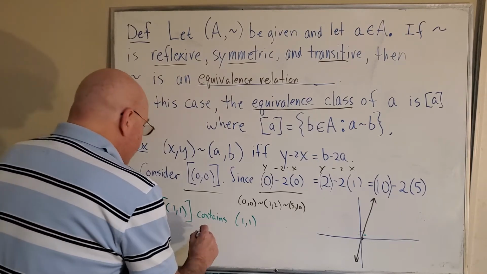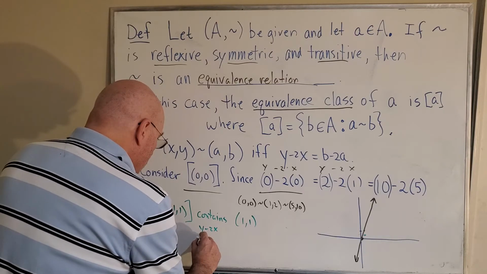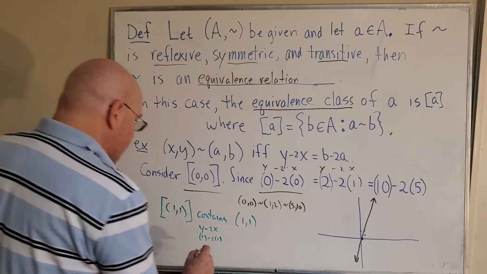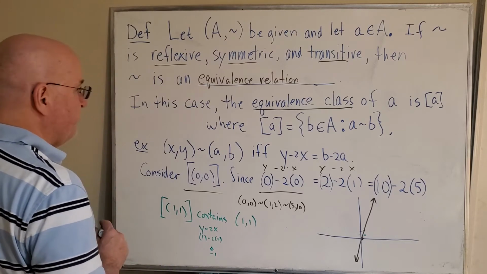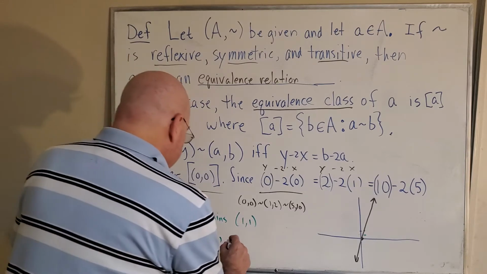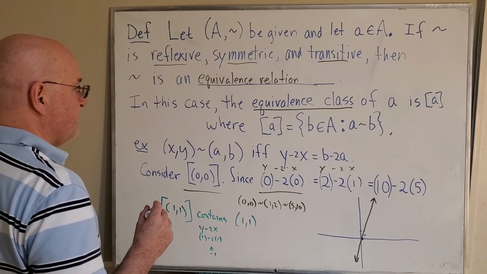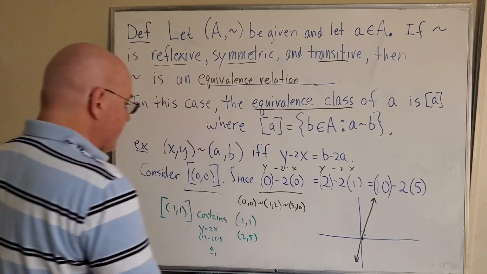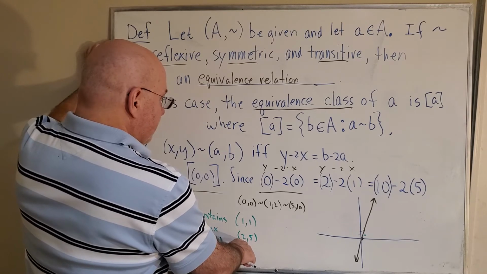Let's see, we're doing y minus 2x. So that would be 1 minus 2 times 1. So that's going to give us a negative 1. What other ordered pairs would give us a negative 1? So let's pick, how about, would (2, 5) give us a negative 1? 2 is the x value.